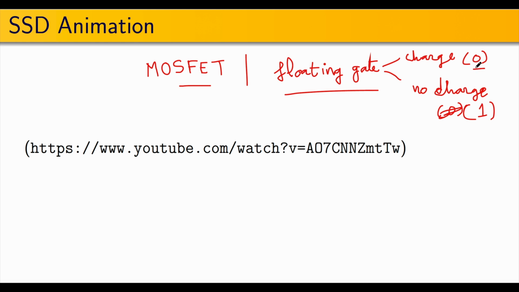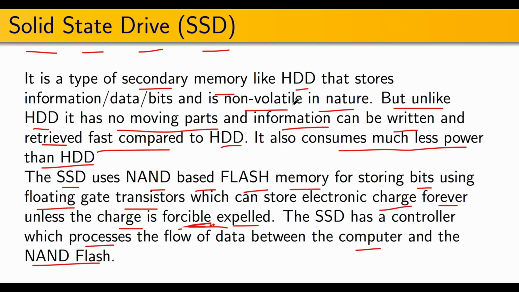And you stay in state 0 or state 1 unless and until you forcibly change the state. So this kind of MOSFET with floating gate is what is called NAND based flash memory, which can store electronic charge forever unless the charge is expelled forcibly.